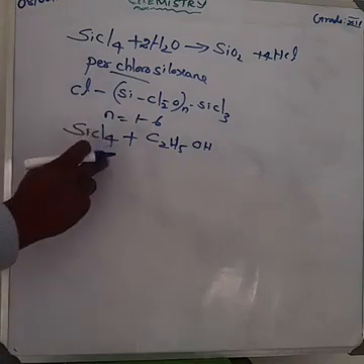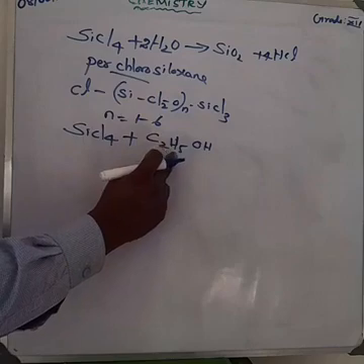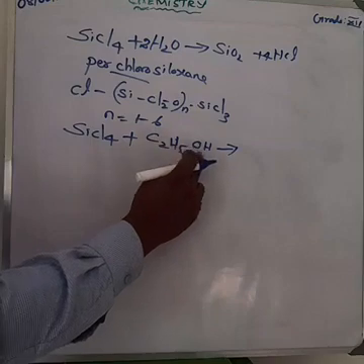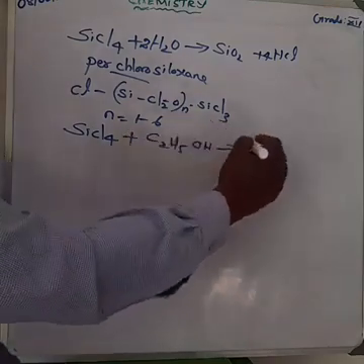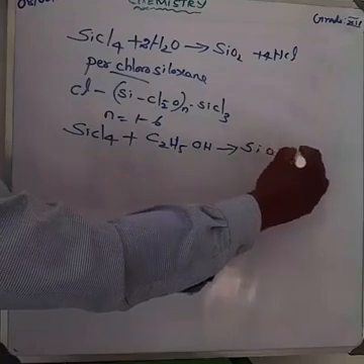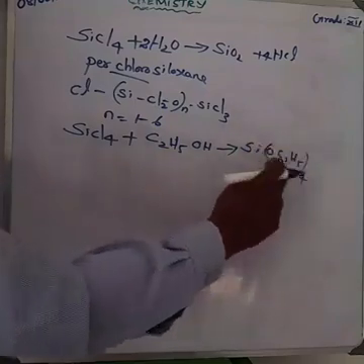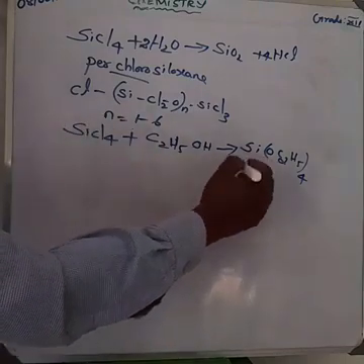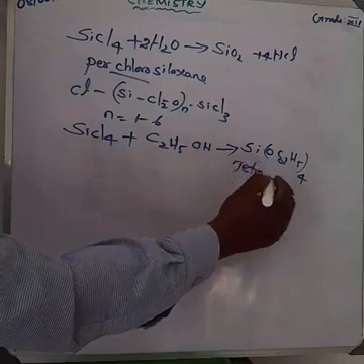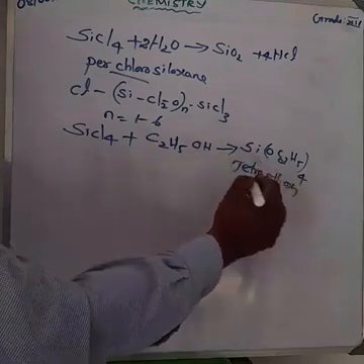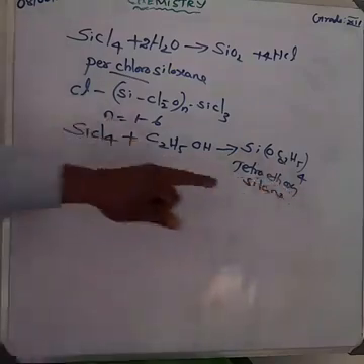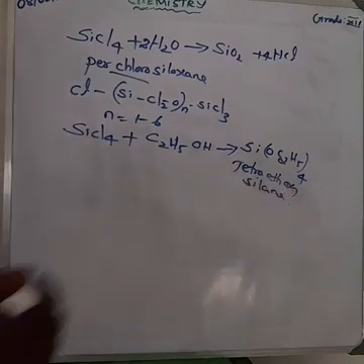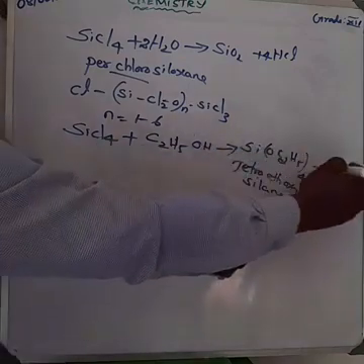Silicon tetrachloride reacts with ethyl alcohol, and we get Si(OC2H5)4. What's the name of the compound? Tetra means 4, ethoxysilane. And also we get hydrogen combining with the chlorine to give hydrochloric acid.